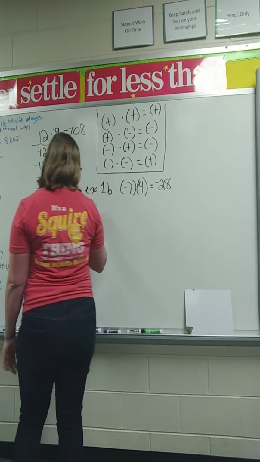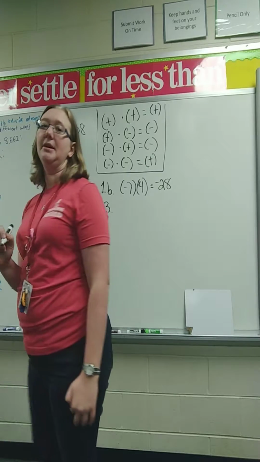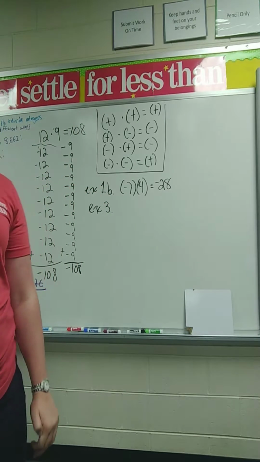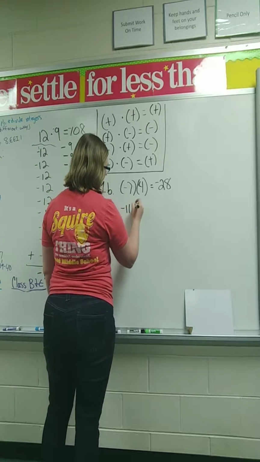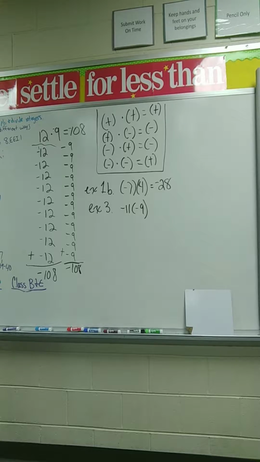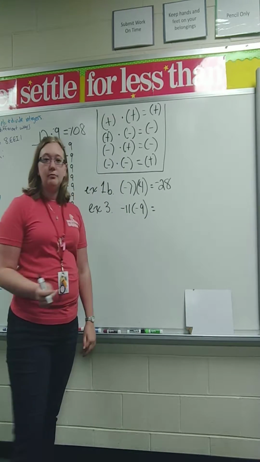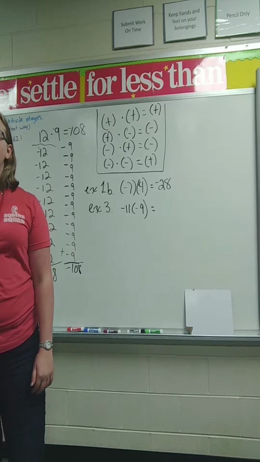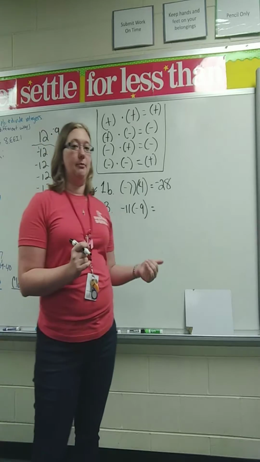Example 3. What does example 3 say? Negative 11 times negative 9. What I recommend when we are working with integers is to write the sign of the answer first, then figure out the numbers.